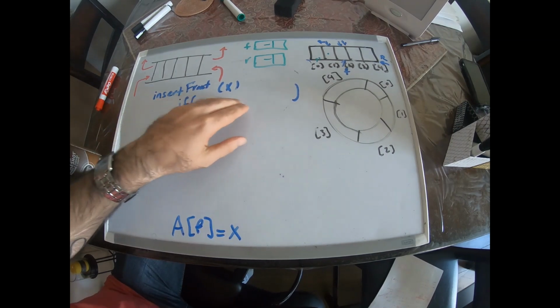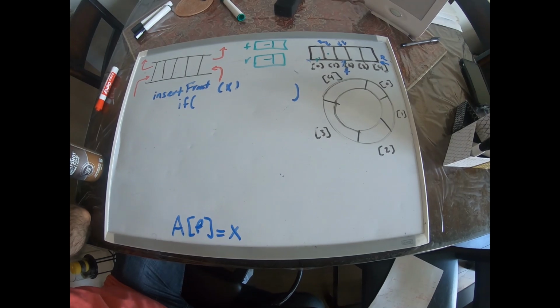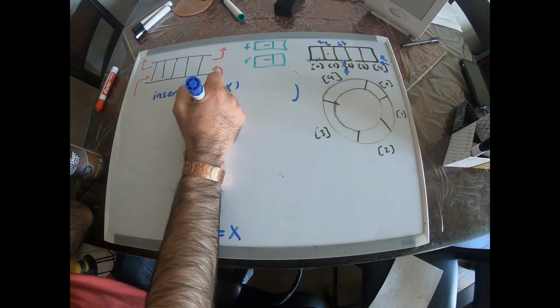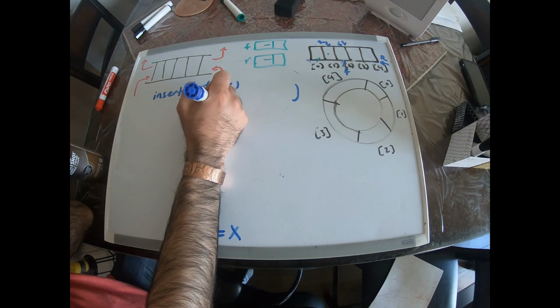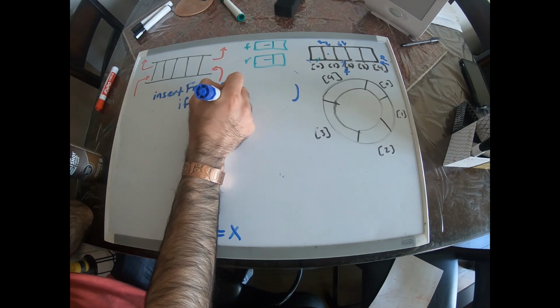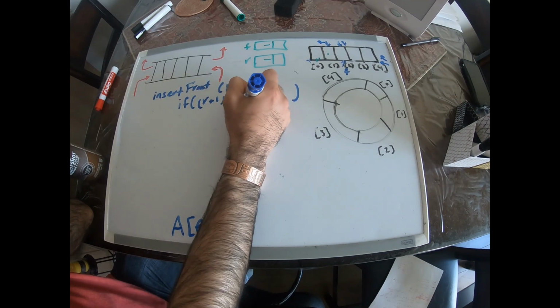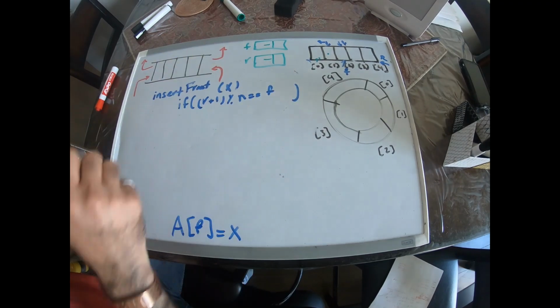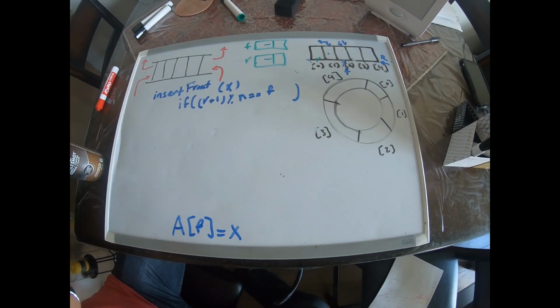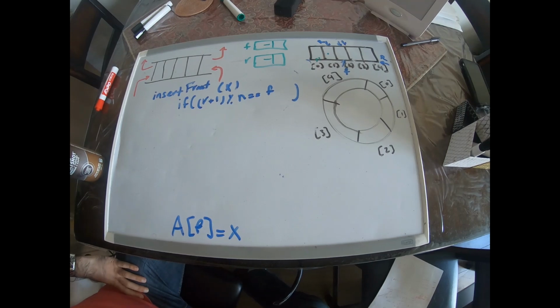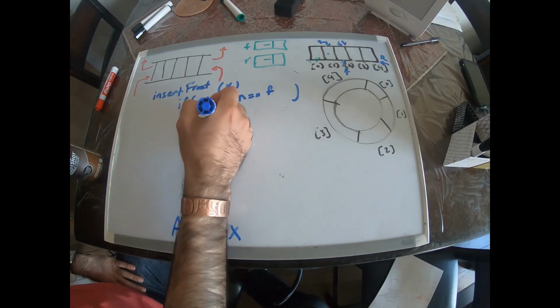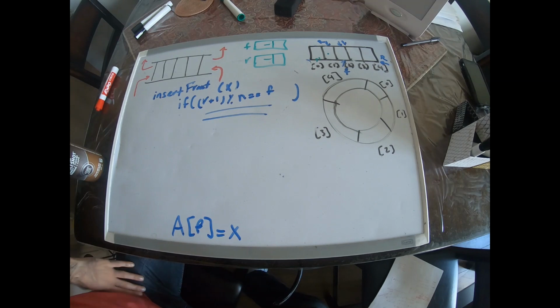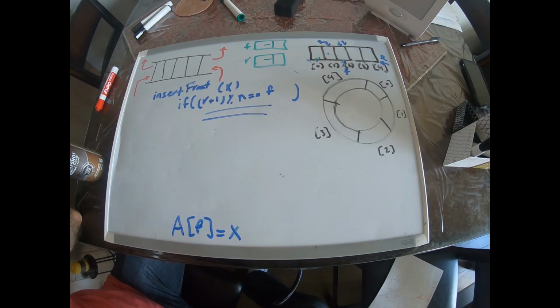So we can write the same condition that we had before, right? If basically (rear plus 1) mod n is equal to front, means that the deck is full, right? The array is full, so we can't insert any number. You take the proper action that you want to take here.